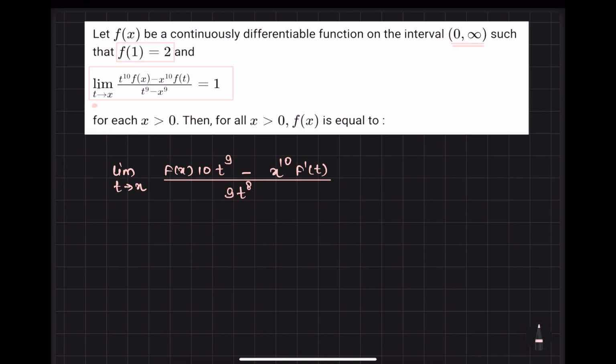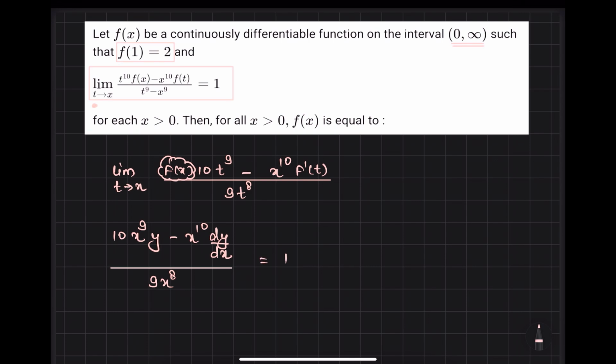So look at this, how I will proceed. We got 10 x power 9, and can I write f of x as y? Then minus x power 10 dy by dx, and then 9x power 8 in the denominator. According to us this is our limit, but according to them the limit is 1.